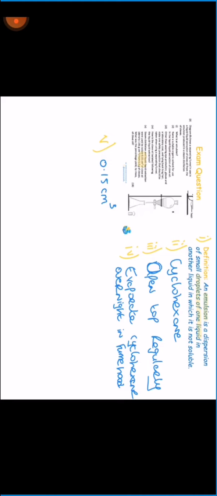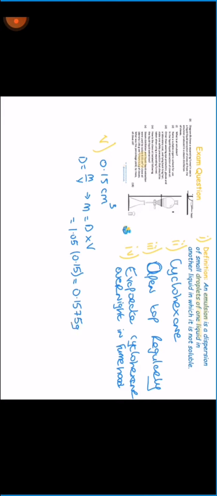So we want to convert that to mass, and we know that density is equal to mass over volume. So that must mean that the mass is equal to the density times the volume. The density, according to the question, is 1.05 grams per centimetre cubed, and that's multiplied by the volume, which is 0.15. So that means we have 0.1575 grams.